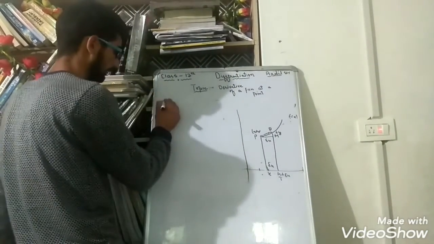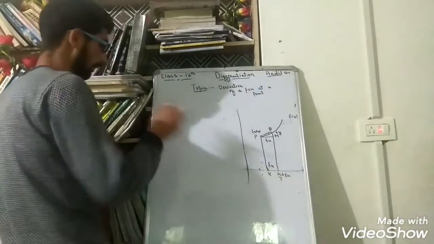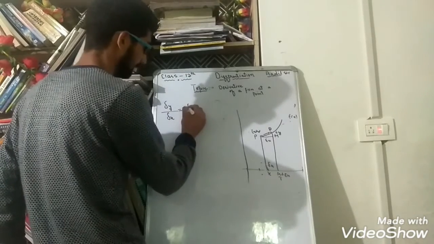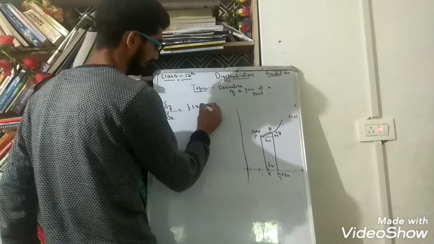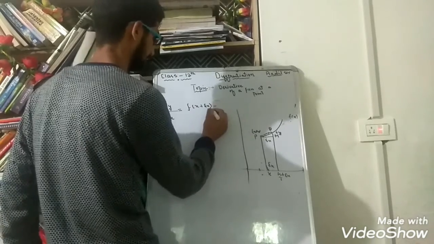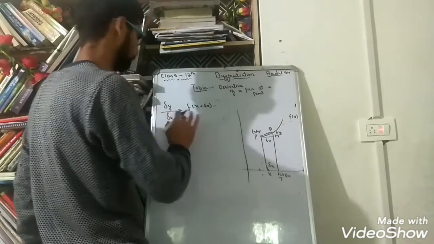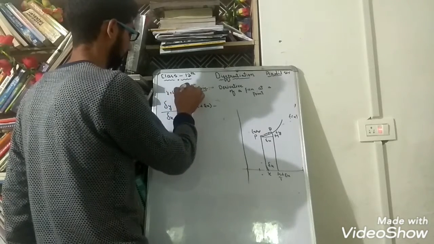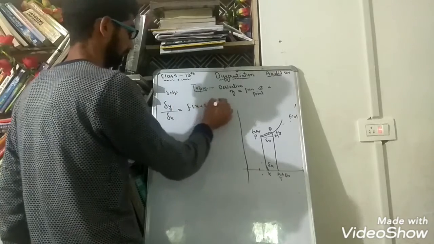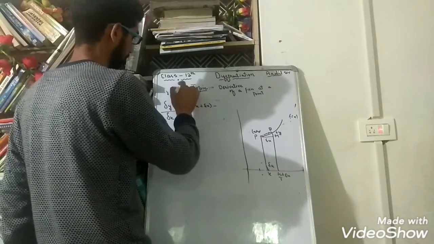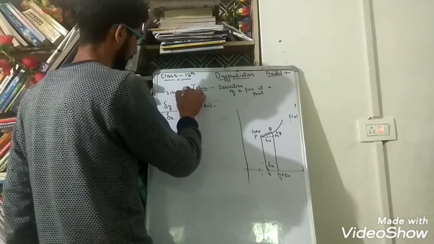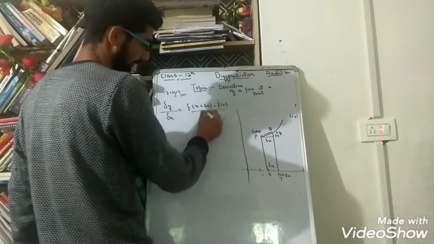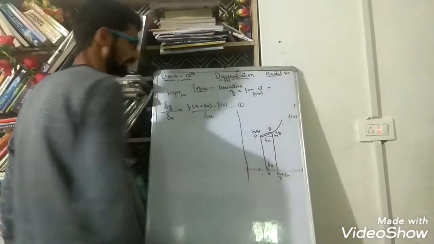We are getting del y divided by del x equal to f of x plus del x minus f of x divided by del x. This we are getting as the incremental ratio.